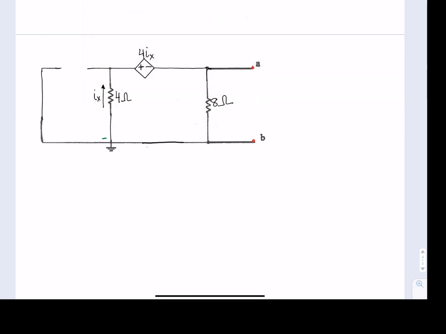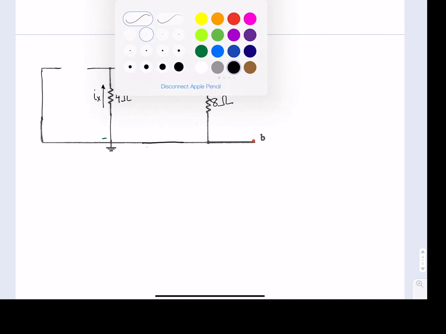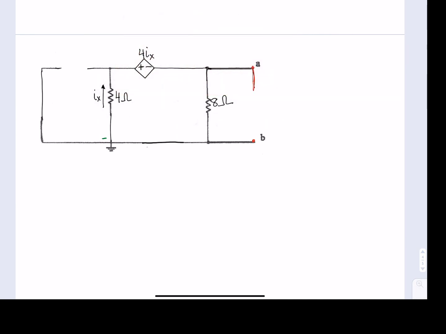Now, it doesn't matter whether you apply a voltage source or a current source. If you see an obvious advantage by putting one on over the other, then you can do that for a specific reason. For example, if I put a 1 volt here, I then know that this 1 volt is the same across all of this wire.